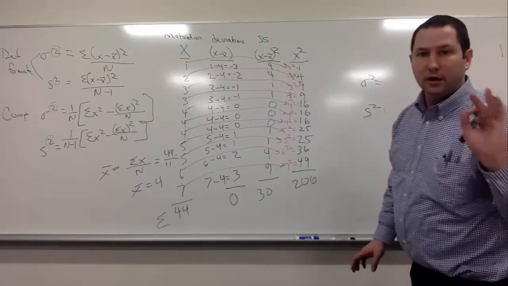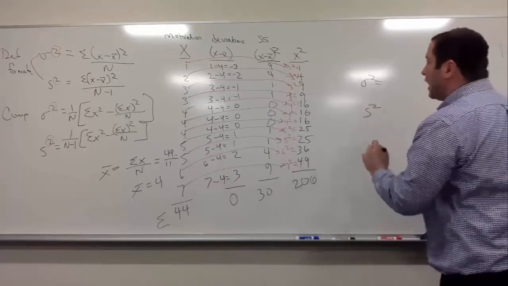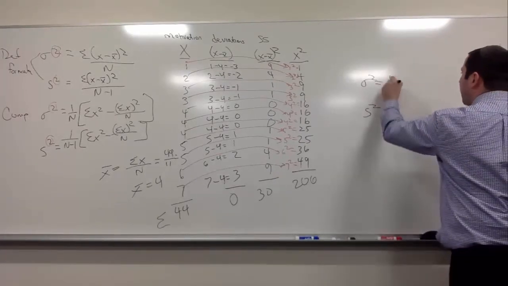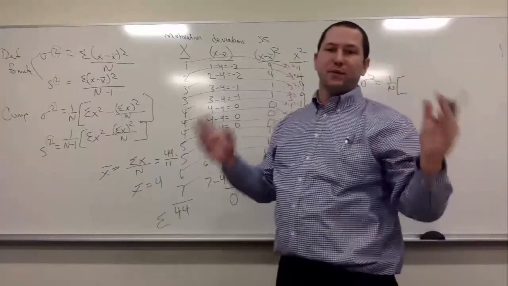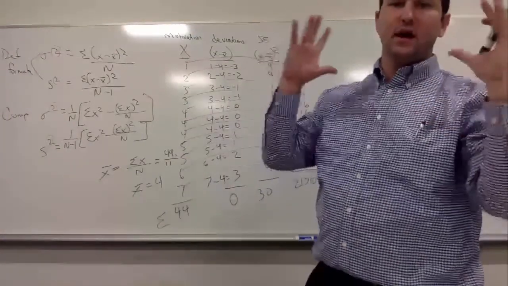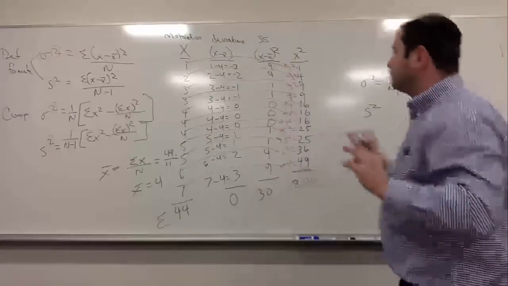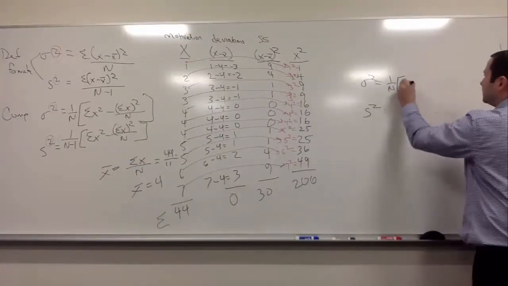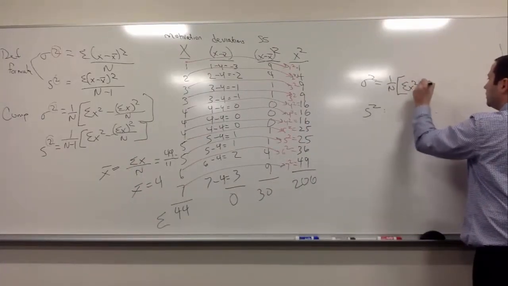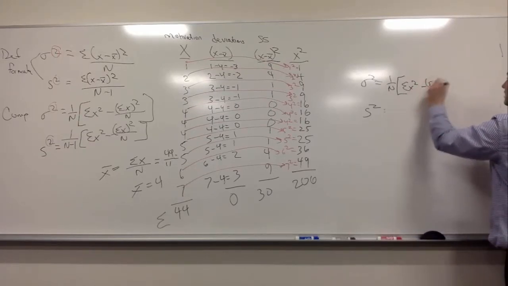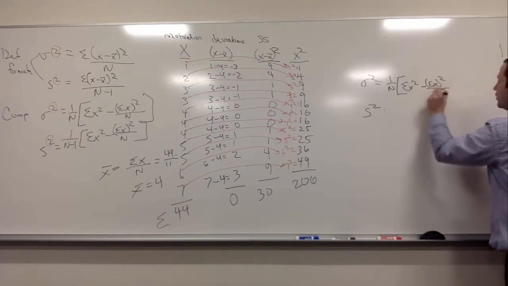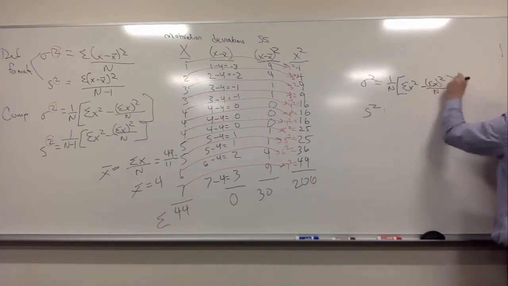Our computational formula is 1 over n and then brackets. Brackets are the same as parentheses, so work inside the brackets first. Then we have the sum of x squared minus the sum of x, squared, over n.